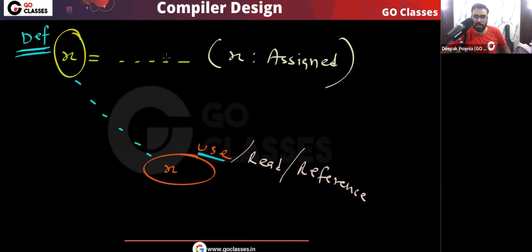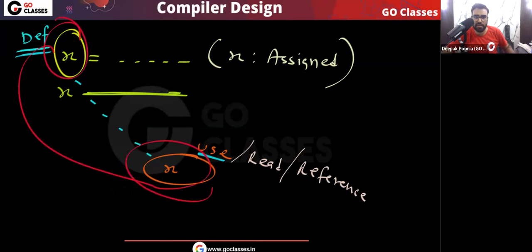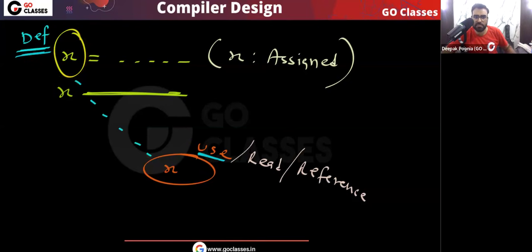But remember, after this definition, let's assume we have another definition of x, meaning another assignment of x, then definitely this definition we are not using here. This definition we are using here. Yes or no? Is this point clear? So this is what we are checking, def use.